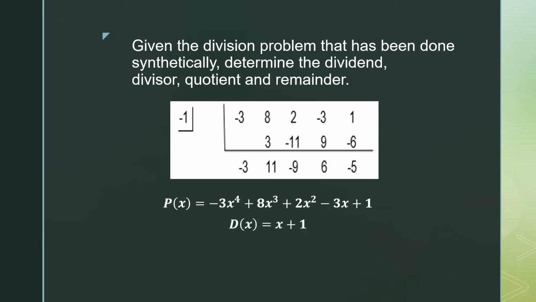The divisor is x plus 1. What is the quotient? The quotient is negative 3x cubed plus 11x squared minus 9x plus 6. What about the remainder? The remainder is negative 5.